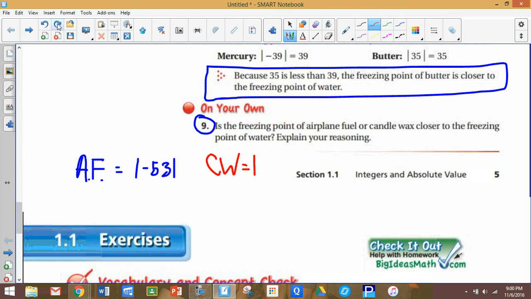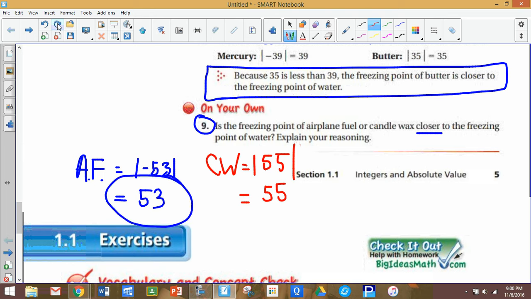And candle wax has a freezing point of 55, so we need the absolute value of 55. The absolute value of 55 is 55. The absolute value of negative 53 is 53. So which one is closer to the freezing point of water? That would be 53, because 53 is closer to 0 than 55 is. It's smaller.